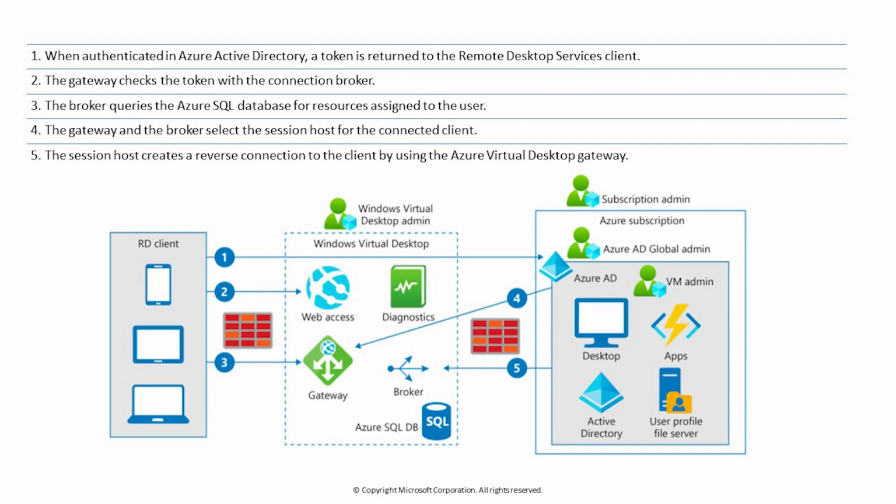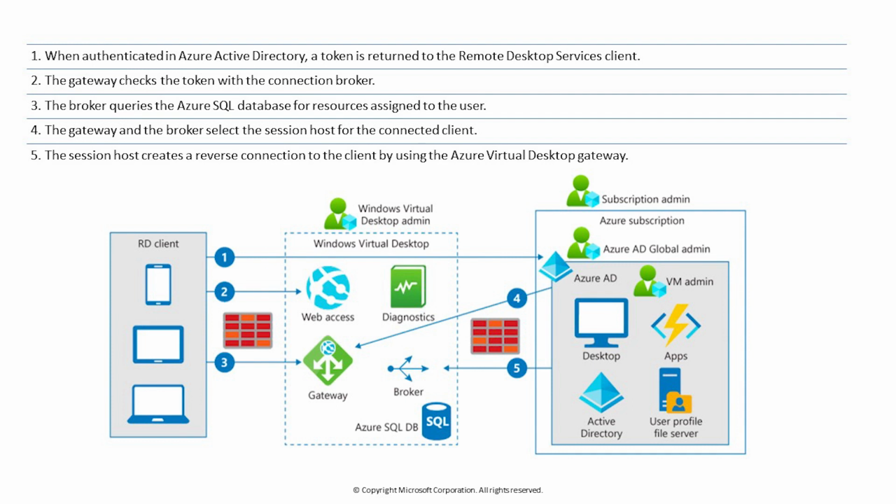If you see the significance of these components, the gateway checks the token and authentication happens. Once authentication and authorization happen, the session host creates a reverse connection to the client. Depending on which remote desktop client you establish the connection from, the request goes all the way through the virtual desktop service to your directory.